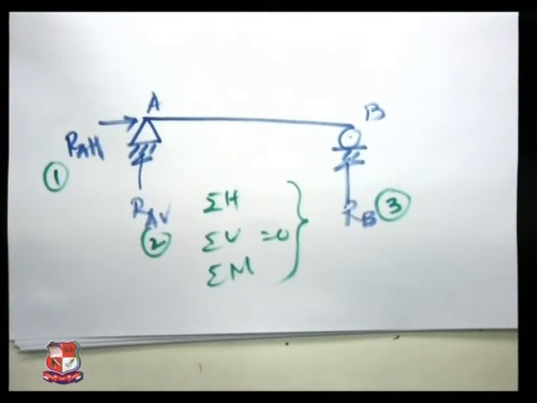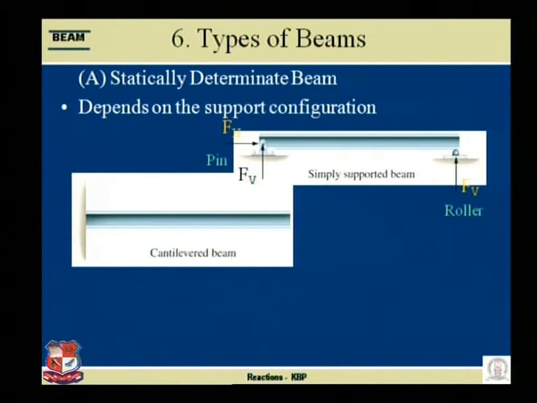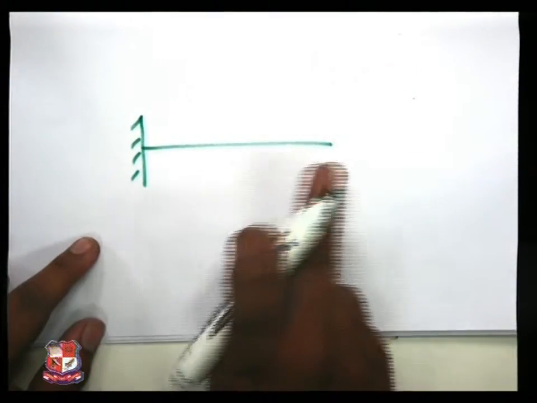Second example, second beam, cantilever beam. Let us understand over here. The beam whose one end is fixed, another end is free.